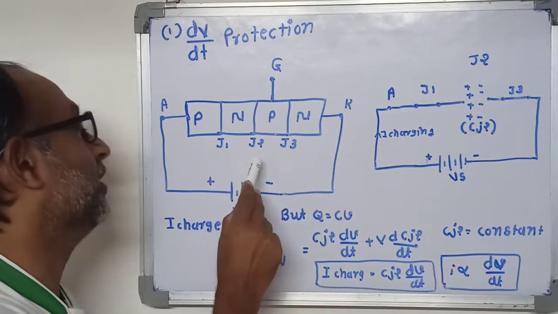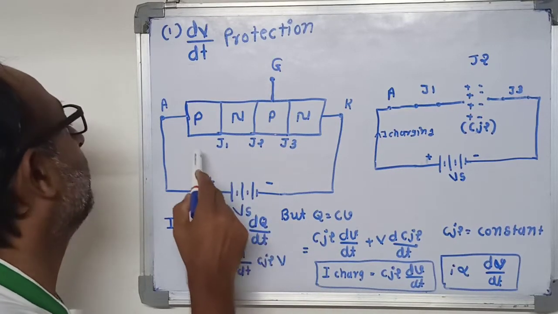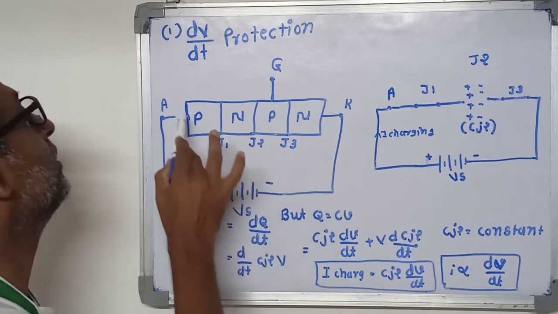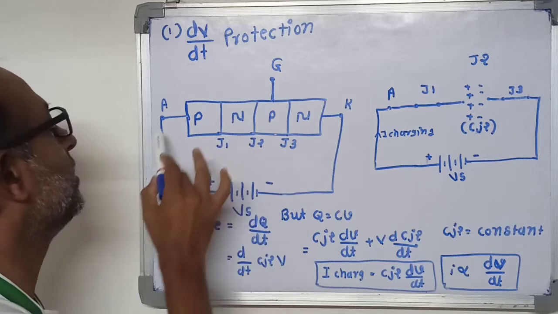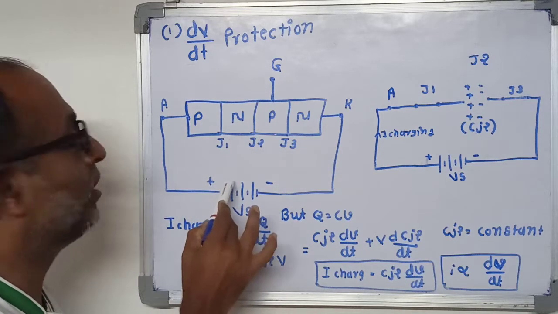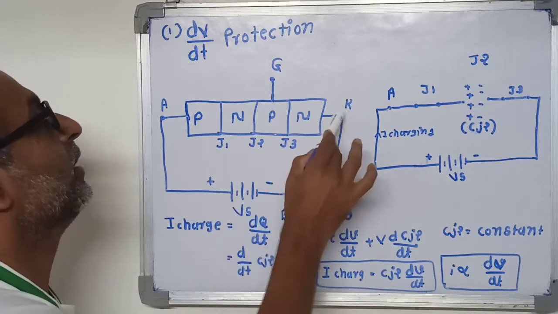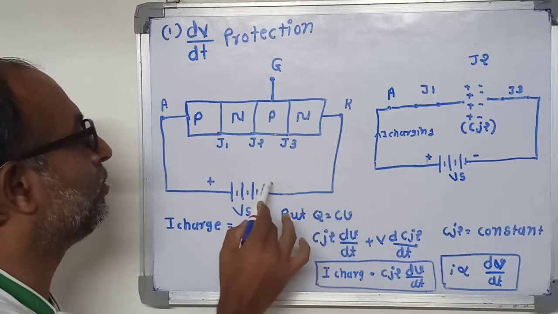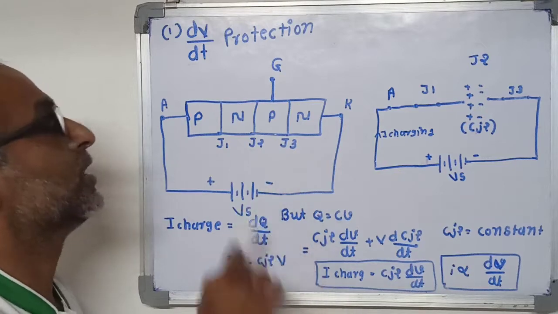As shown in this figure, forward voltage is applied to the thyristor or SCR. That means the anode terminal is connected to the positive terminal of the supply and the cathode terminal is connected to the negative terminal of the supply.